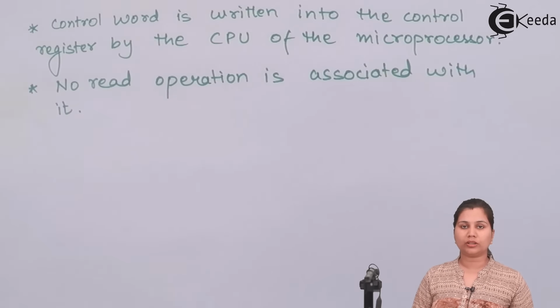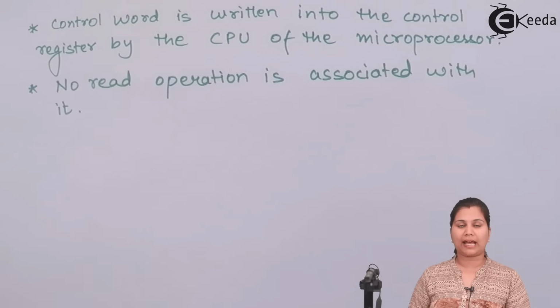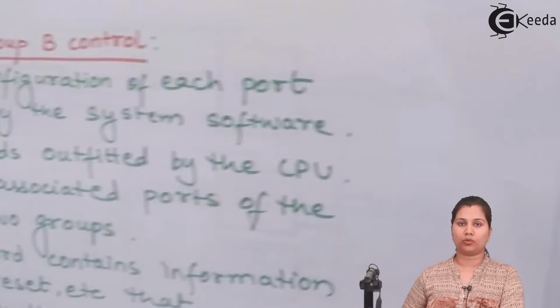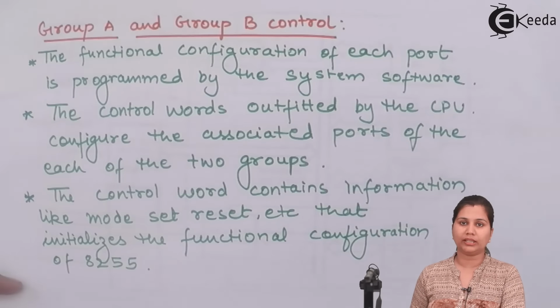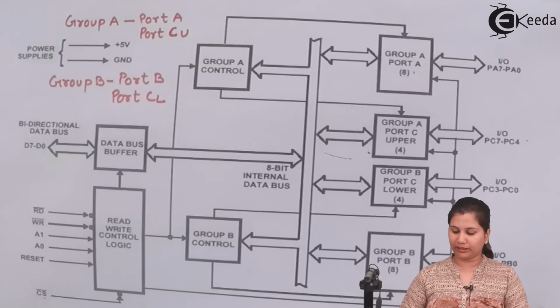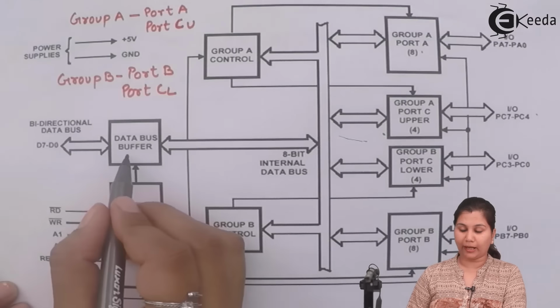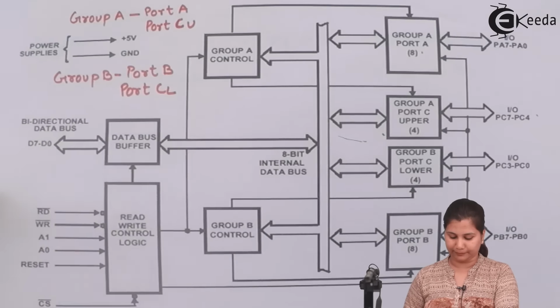So this was about the group A and group B control. Group A has port A and port C upper, and group B contains port B and port C lower. Now, in the block diagram, the next block is the data bus buffer and the bidirectional data bus.